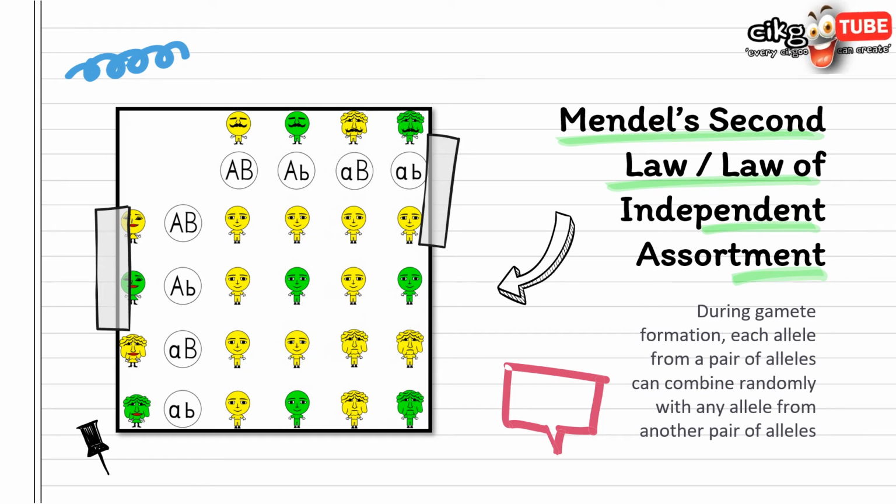Based on his experiment on dihybrid cross, Mendel proposed Mendel's second law, or we call it the law of independent assortment. It says that during gamete formation, each allele from a pair of alleles can combine randomly with any allele from another pair of alleles.